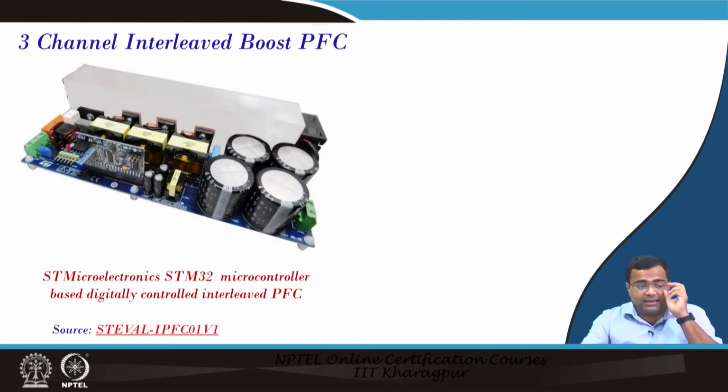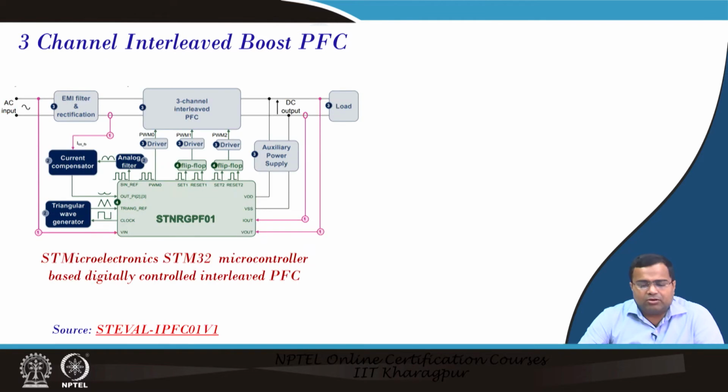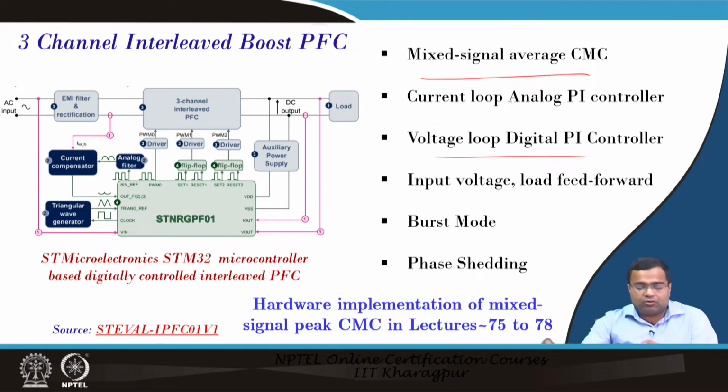One example is the 3-level 3-channel interleaved boost PFC from ST Microelectronics, which is a 3 kilowatt design. I am not going to discuss it in detail because one can get the details with this part number. In this part, it is mentioned that it uses mixed signal average current mode control, with the current loop analog and the voltage loop digital. In our course, we have discussed mixed signal peak current mode control in lectures 75 to 78.